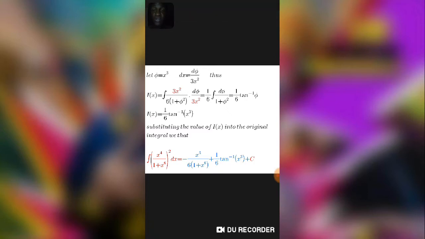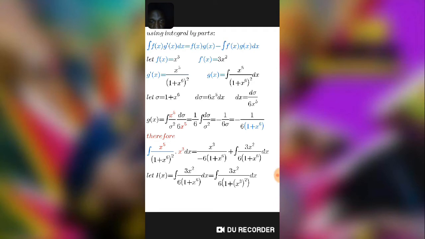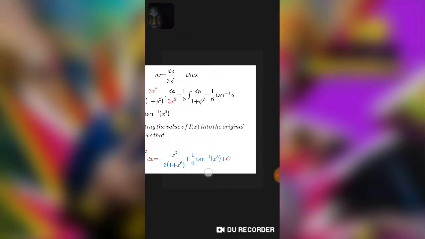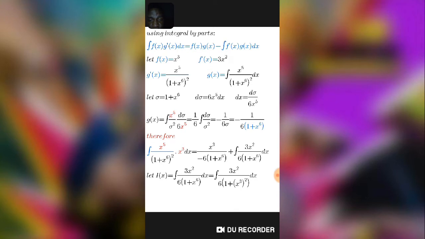Of course, it is not actually nice because we don't treat the x and the theta as variables. They are actually the special coefficients. But it's actually nice because it helps us to evaluate what we want. So therefore we have I of x equal to, now look at this, we have 3x squared here, that's it here, 3x squared. So we have 6 into bracket 1 plus x raised to the power 3.